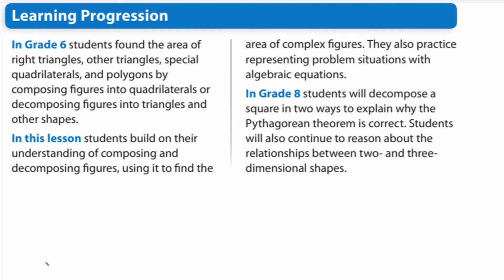They also practice representing problem situations with algebraic equations. And next year, students will decompose a square in two ways to explain why the Pythagorean theorem is correct. Students will also continue to reason about the relationship between 2 and 3-dimensional shapes.